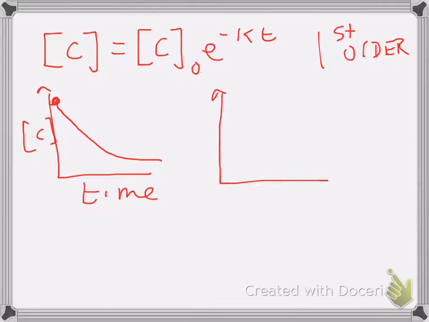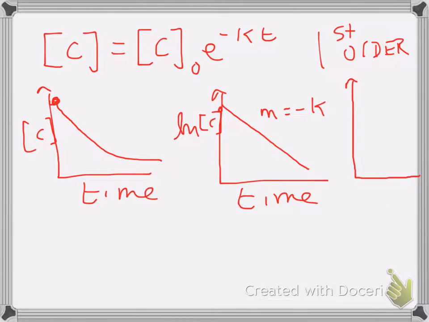But we'll take advantage of the linearizing effect of taking the ln, which is also a common theme that we've done in class. So we have the ln of concentration, we have the intercept, which is the ln of C0, and then we have a straight line. The straight line is now minus K.